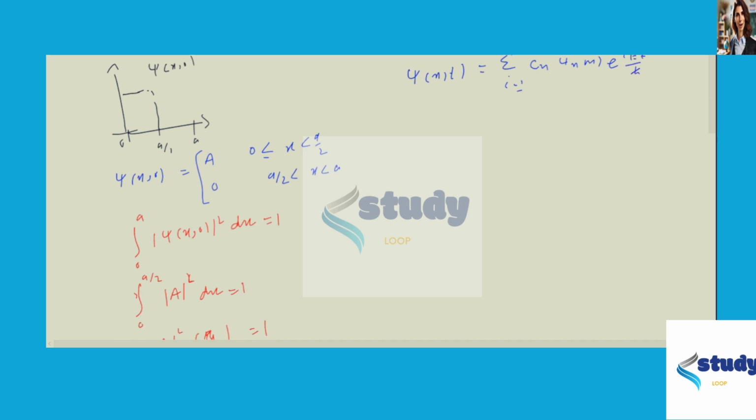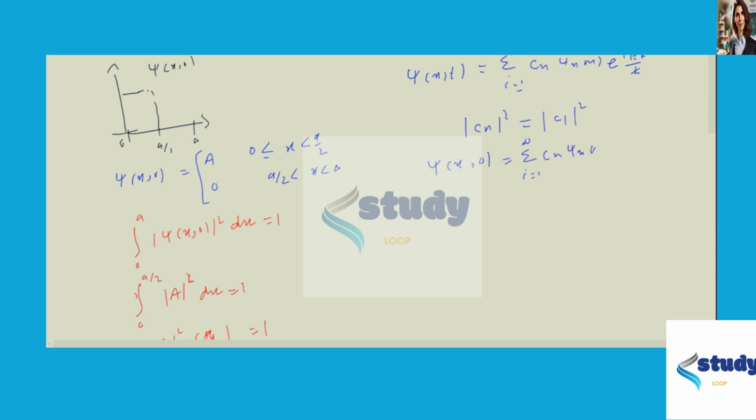So the probability at E1 is equal to mod of Cn squared, which is C1 squared. By putting t equal to 0 in the above equation, we can write the wave function psi(x, 0) as the summation from n equal to 1 to infinity of Cn psi n(x).